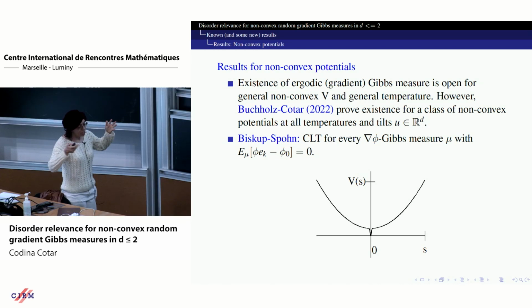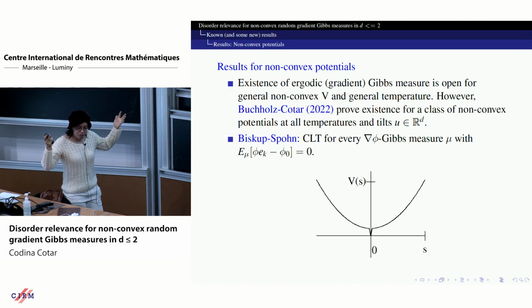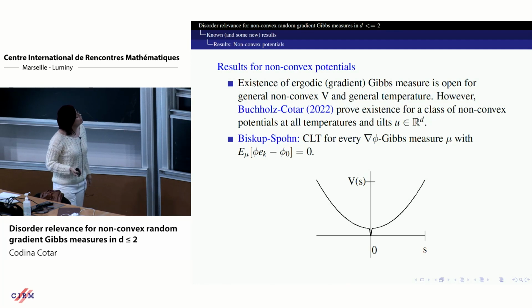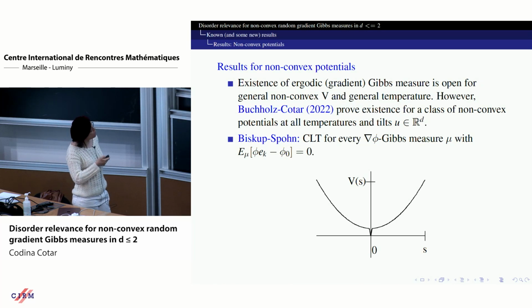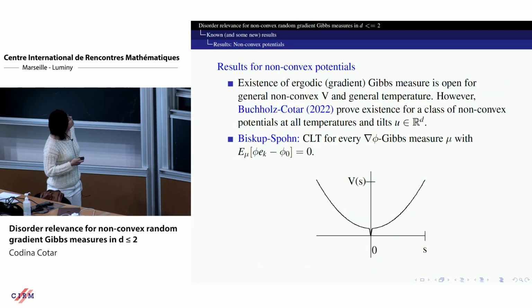Okay, now once you have at least one ergodic gradient Gibbs measure, then you may want to ask whether it's unique. And you may want to ask whether there are other properties. In a paper by Biskup and Spohn, they proved scaling limit results, and Marek will talk about it. They proved it for a non-convex potential, which pretty much is of this type as here.